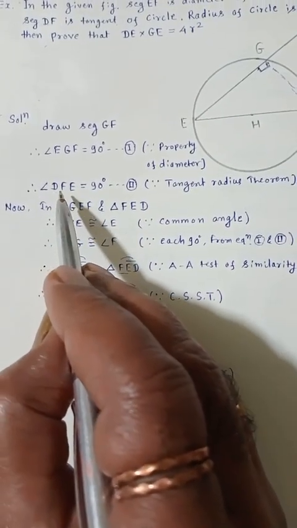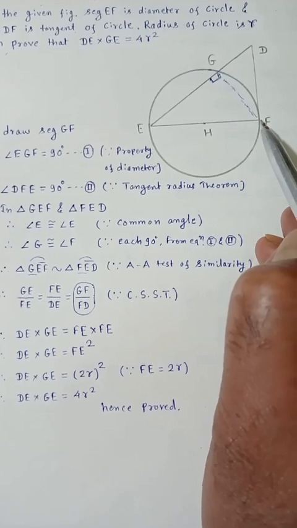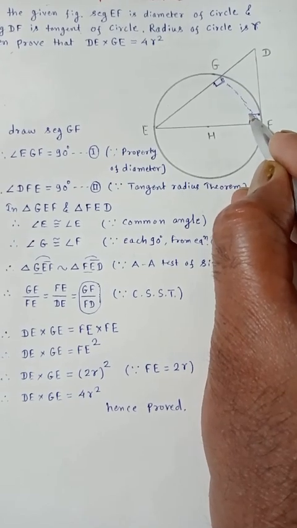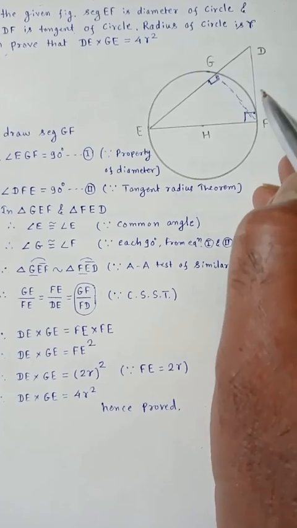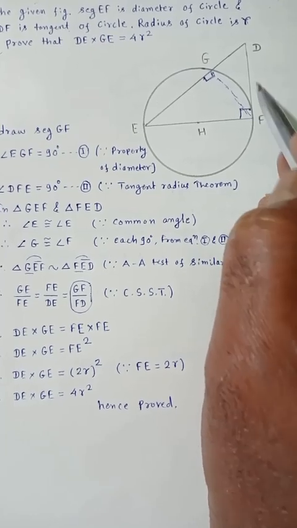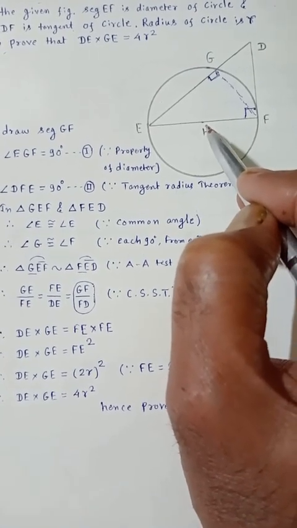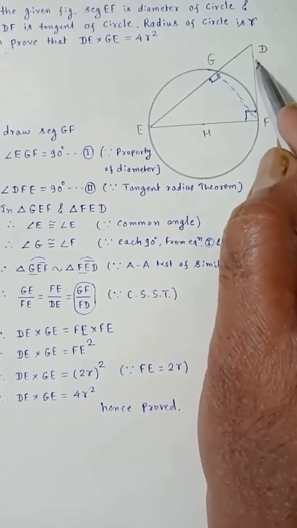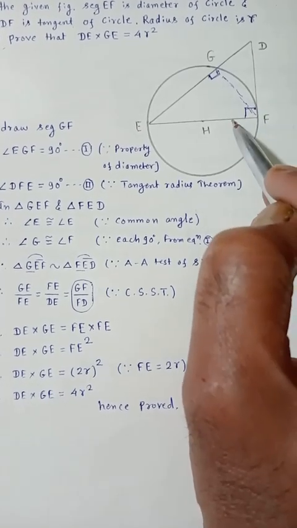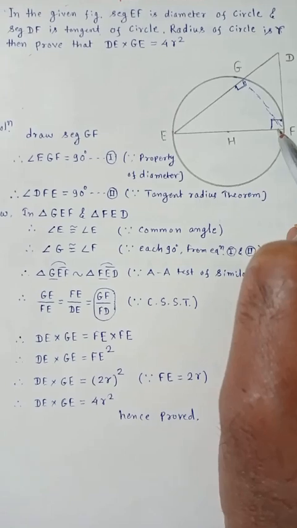Therefore, angle DFE is equal to 90 degrees. Segment DF is tangent. Point F is the touching point of the tangent, and segment HF is the radius. Therefore, angle DFE is made from the tangent and radius, so angle DFE is equal to 90 degrees.